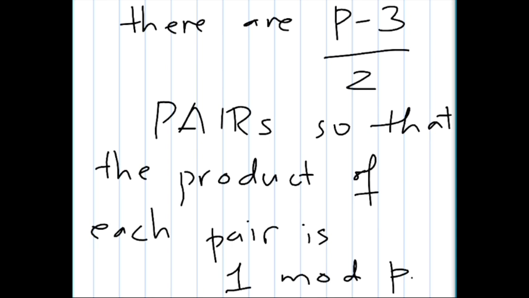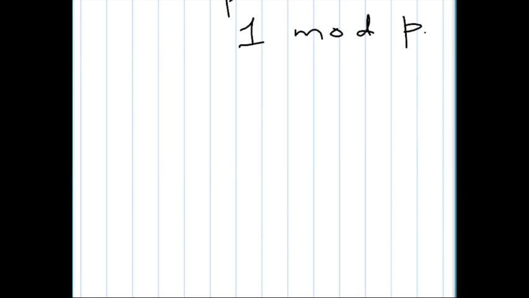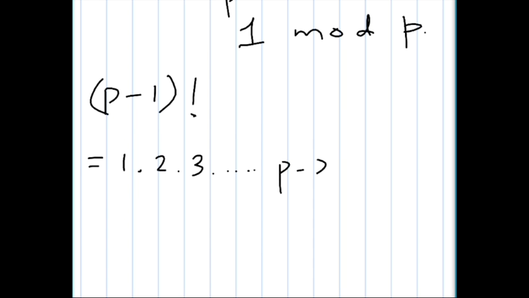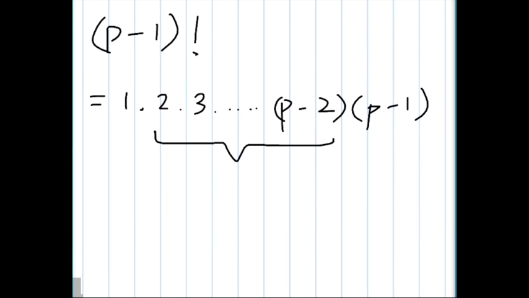Now so much for the build up. Now let's start with the left hand side of the theorem. We have p minus 1 factorial, which is equal to 1 times 2 times 3 times up to p minus 2 times p minus 1. We are interested in the product modulo p. From 2 to p minus 2, we have 1 times 1 times 1 times 1. So how many ones are there?